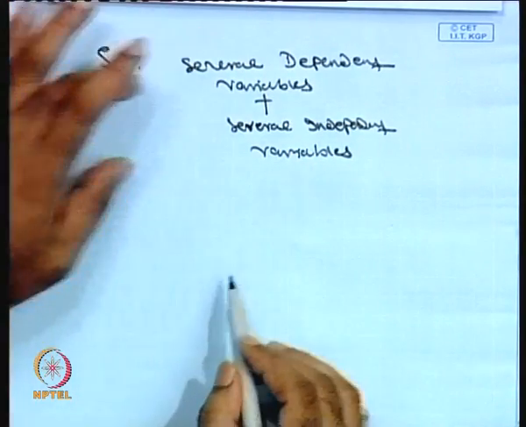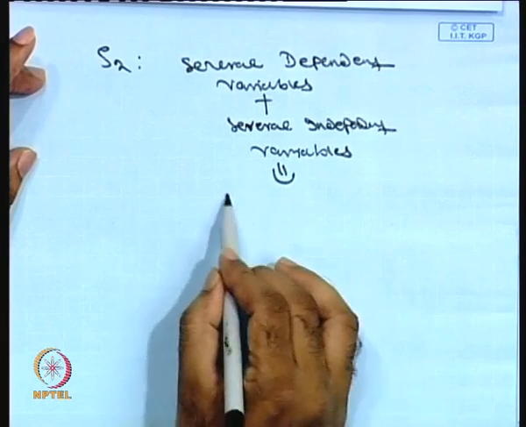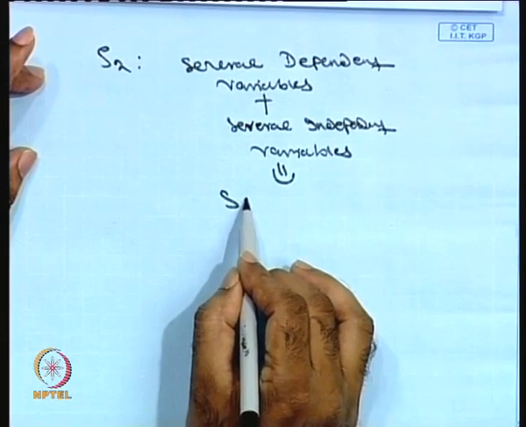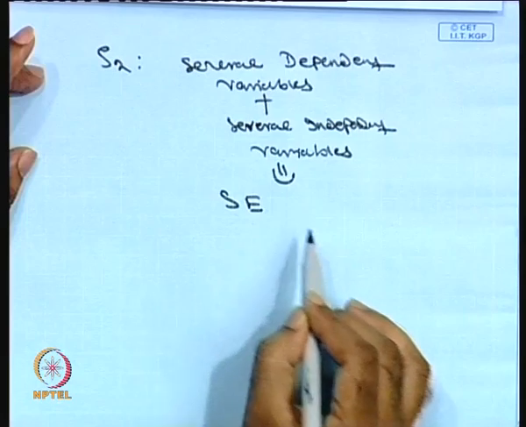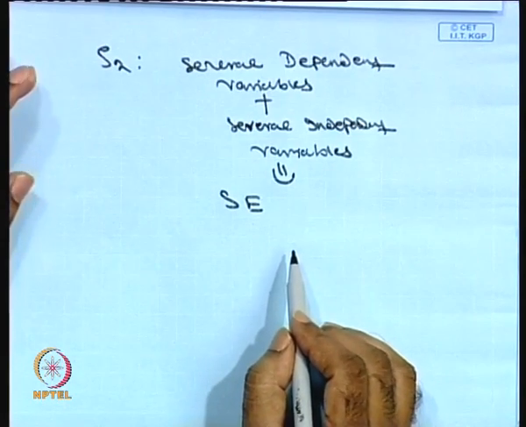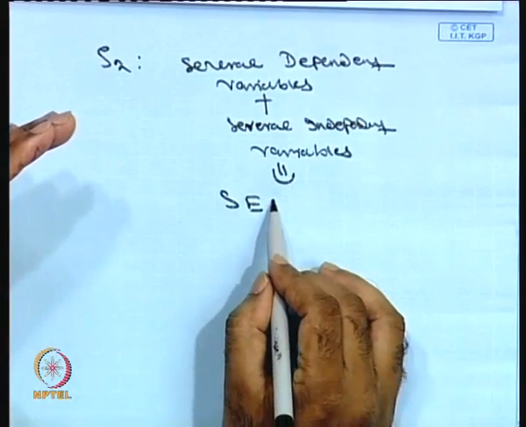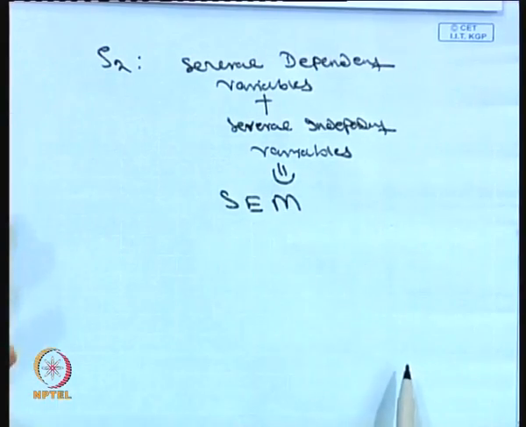This particular structure is called simultaneous equation modeling, or structural equation modeling.